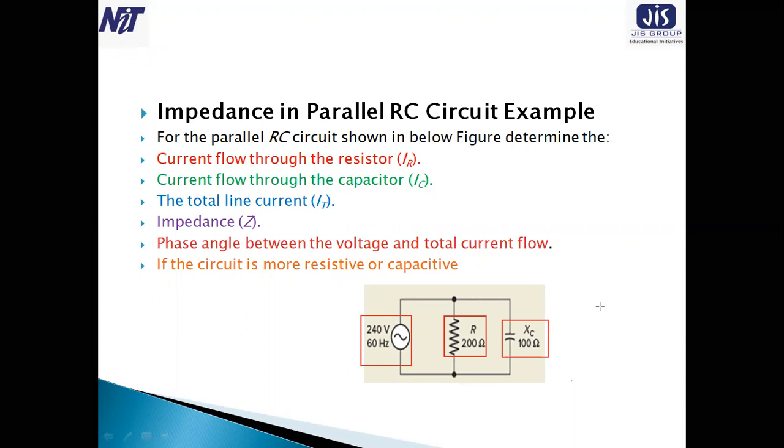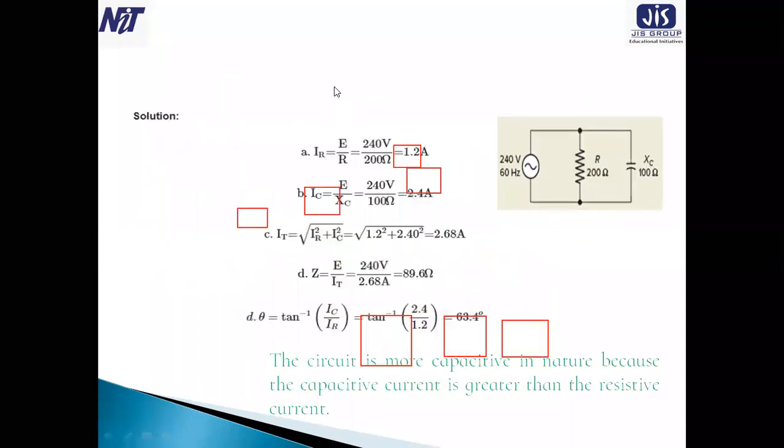We have to find the current flowing through the resistor IR, then the current flowing through the capacitor IC, then the line current IT and the impedance Z, the phase angle between the voltage and the current, and whether the current is more resistive or capacitive. Look here, the resistance value is greater than the capacitive reactance. So remember this. Now solve the problem.